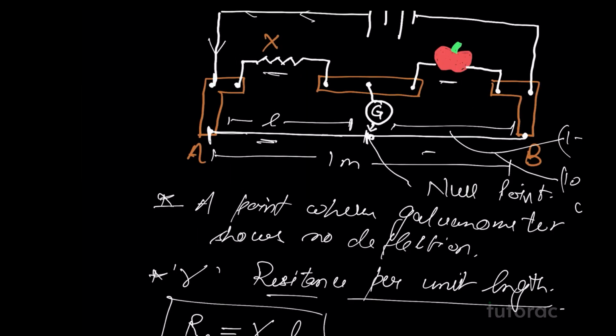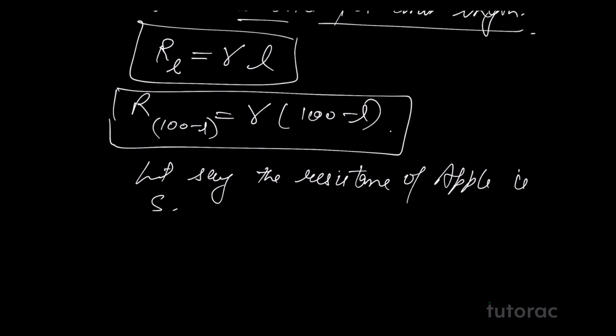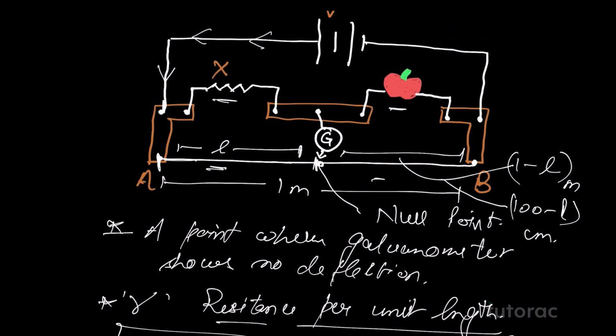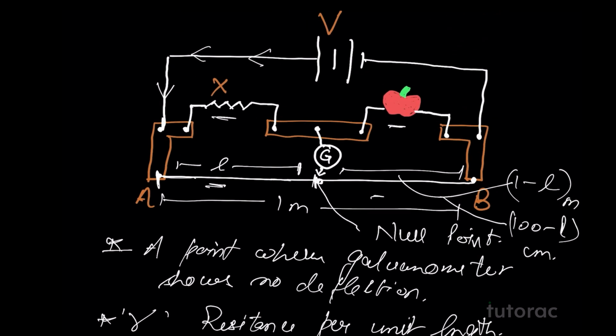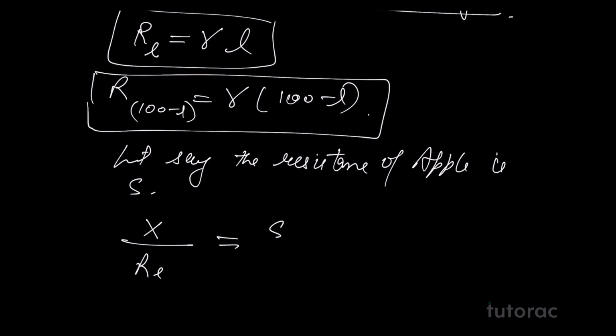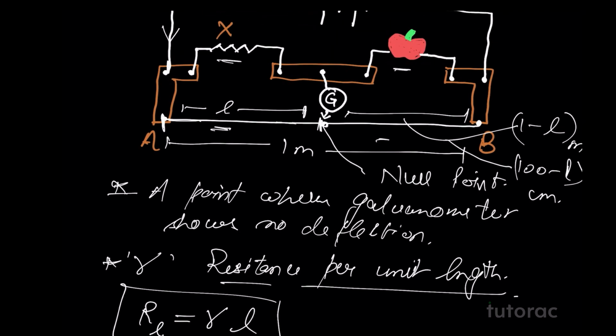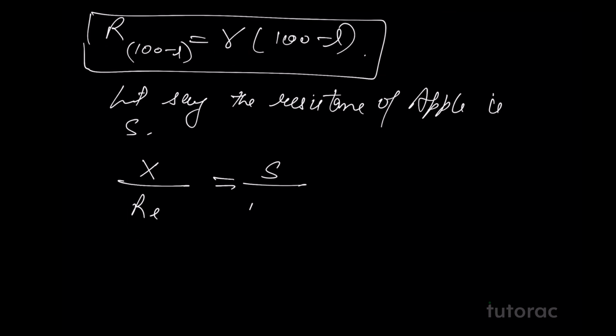Very similarly, X upon the resistance of L. So we'll write X, this is a value that I know, X upon this R_L is equal to, what will we write here, this unknown resistance, S, upon the resistance of R_(100 minus L). Let's put the values quickly.